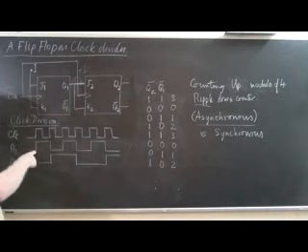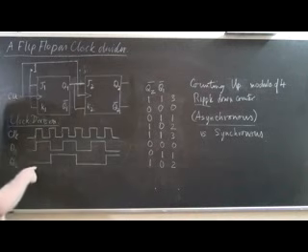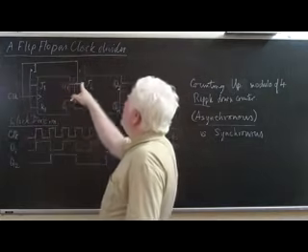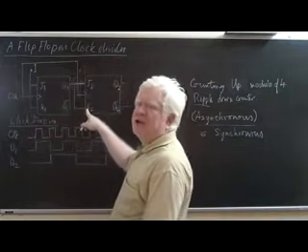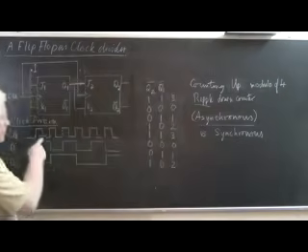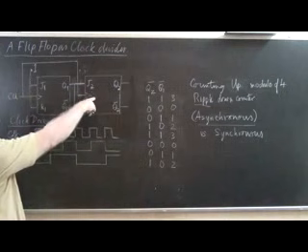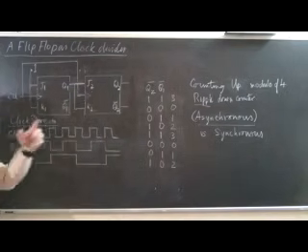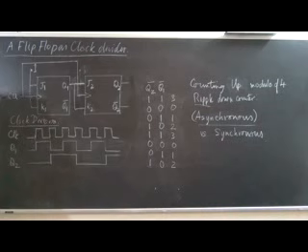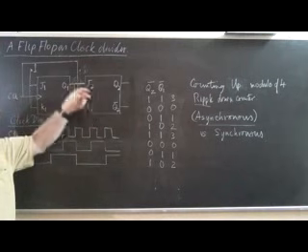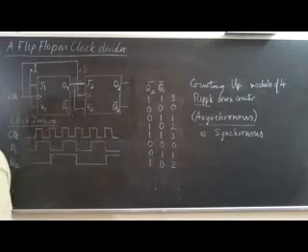Q1 is still at 0. So what can we say about Q2 here? Q1 equal to 0 is applied to both J2 and K2. And hence, in spite of the master clock being applied to the second flip-flop, it will not undergo any kind of change because the input states J2 and K2 are both zeros and not ones.